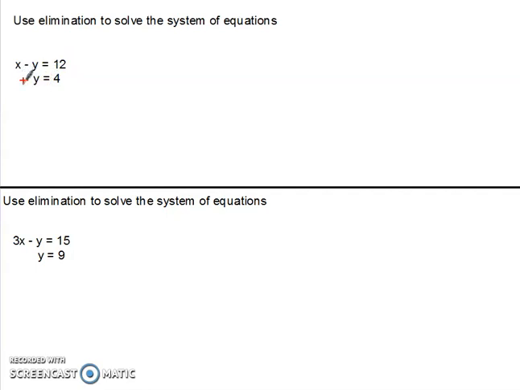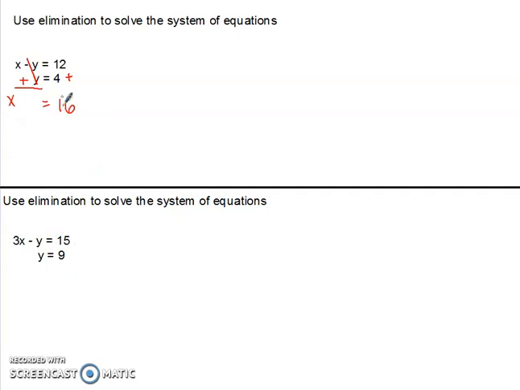So I'm going to go ahead and add the y on this left-hand side. So x minus y plus y. This minus y and plus y are actually inverses and go away. So I have just x on the left. And on the right, I add the 12 and the 4 to get 16. So now I know that x is 16.